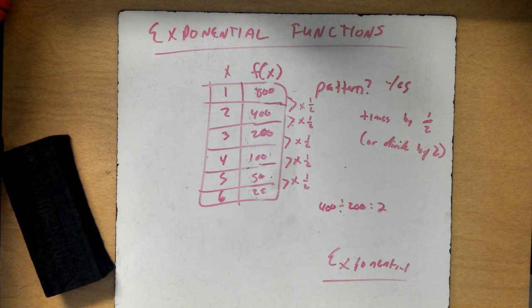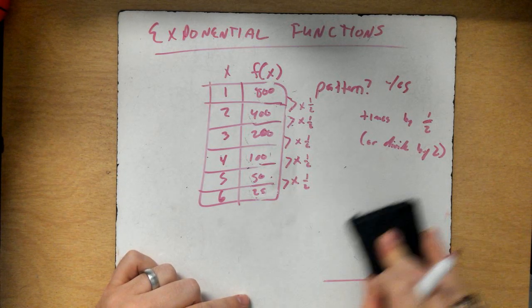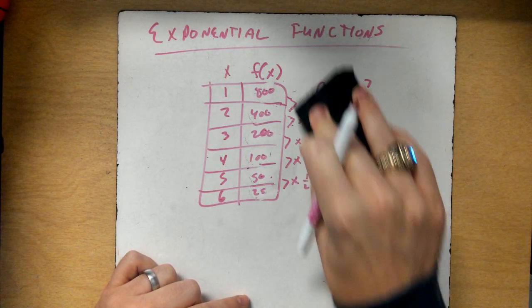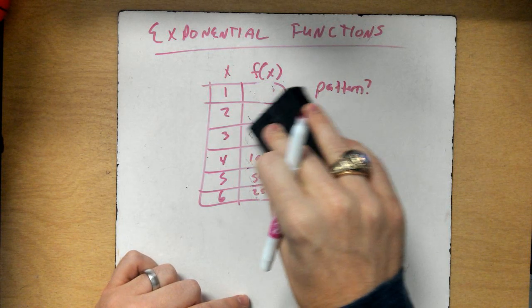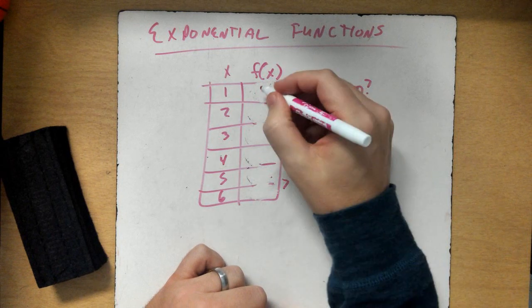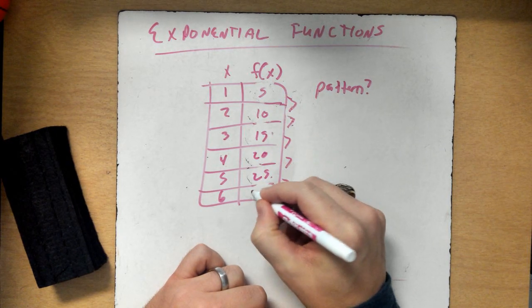So you can see how that works out. Let me do one more, and we'll move on. Okay. Let's go 5, 10, 15, 20, 25, 30.